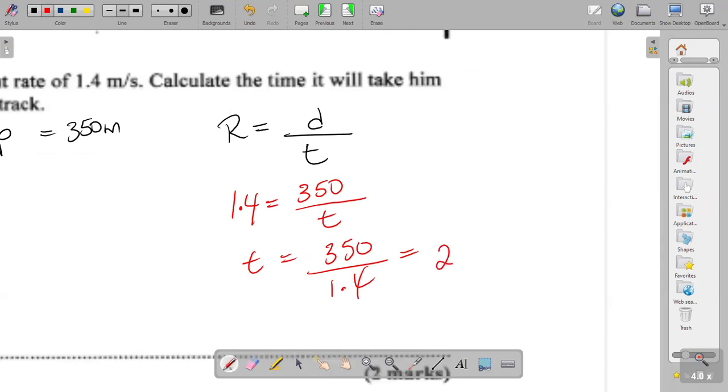250? 250 what? Let me see who's thinking. 250 what? Wrong. I'm too rushed to answer. I just told you, we just calculated time. How could you tell me time is meters? Seconds, right or wrong?